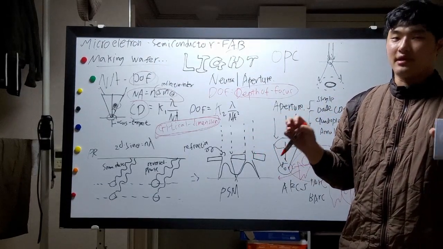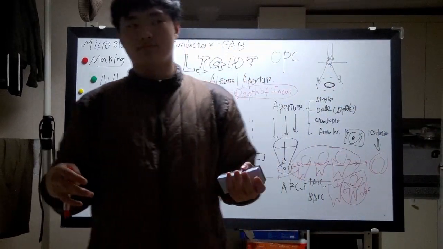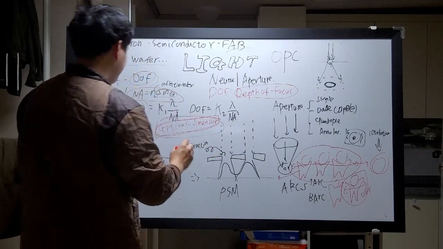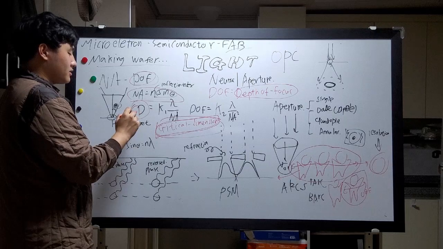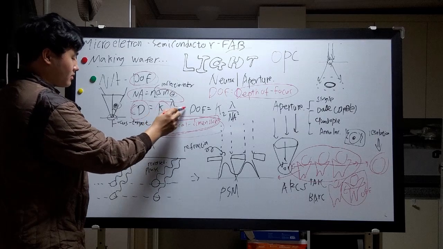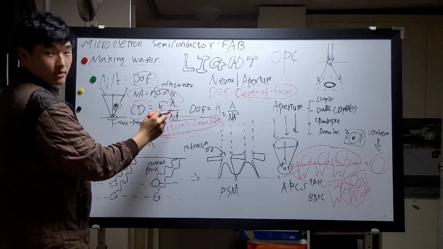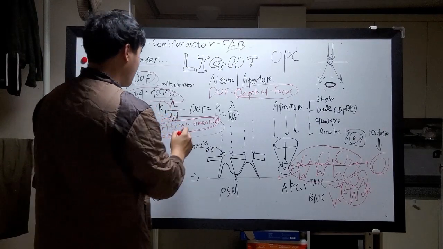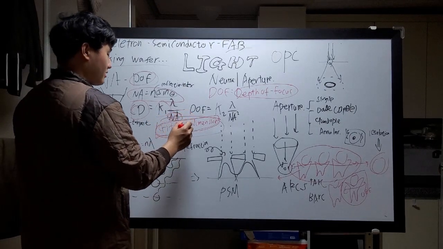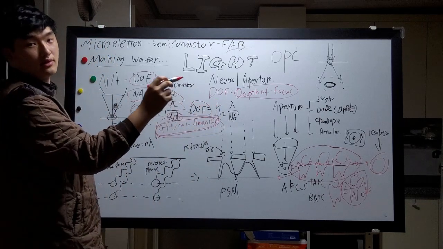We are in the trend of downsizing of semiconductors, in the nanometer generation of the fabricating process. So the critical dimension equation is K1, the process constant, times lambda, the wavelength, over NA, the numerical aperture.